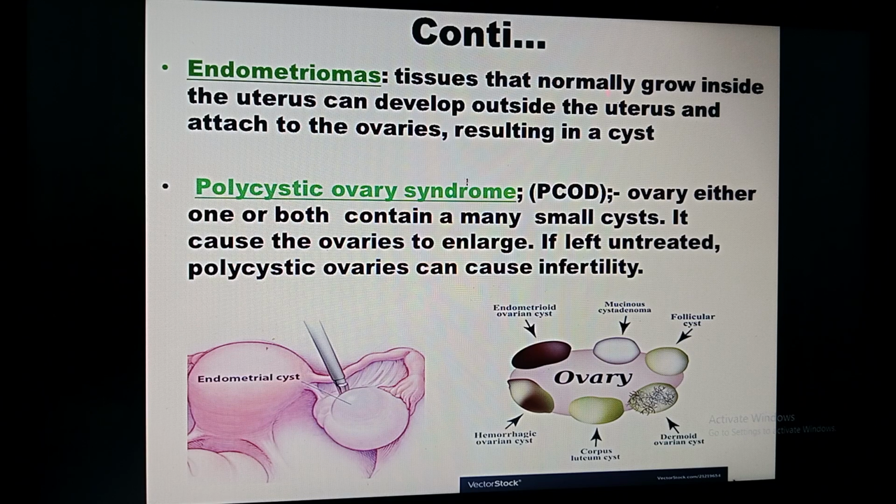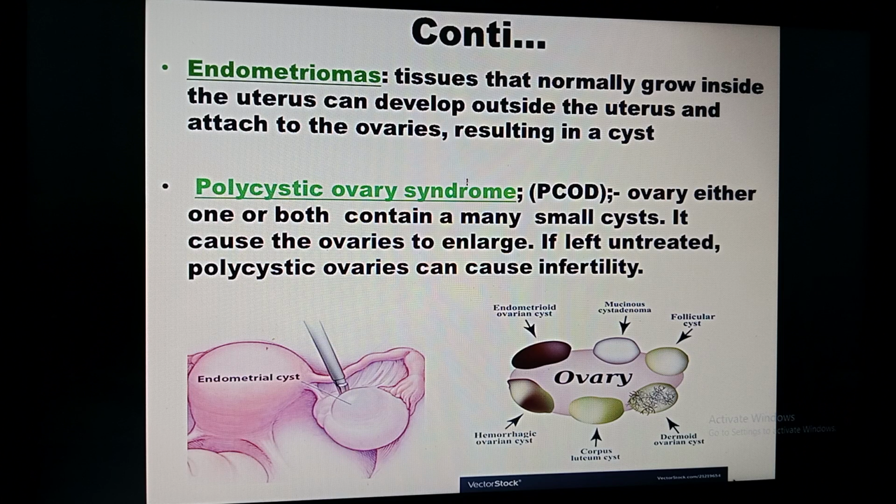Tissues that normally grow inside the uterus can develop outside the uterus and attach to the ovaries, resulting in a kind of cyst. So that is called an endometrioma.